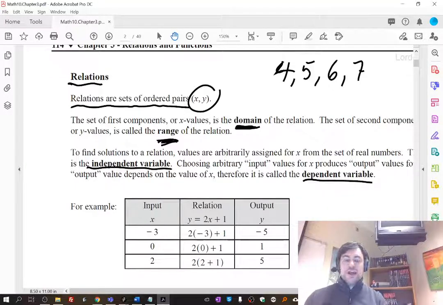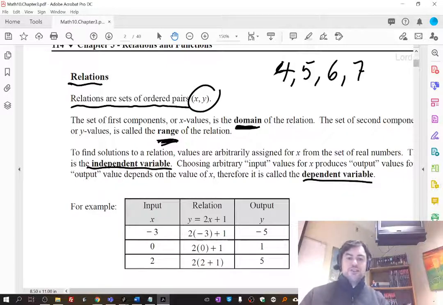Or you could ask your boss for more hours, and they'll up the number of hours you get. You don't say, I want to get $500 this week, and then your hours just get scaled to that. The number of hours you work controls the paycheck. So that's your independent variable, whereas the paycheck is the dependent variable. It depends on the number of hours you worked.